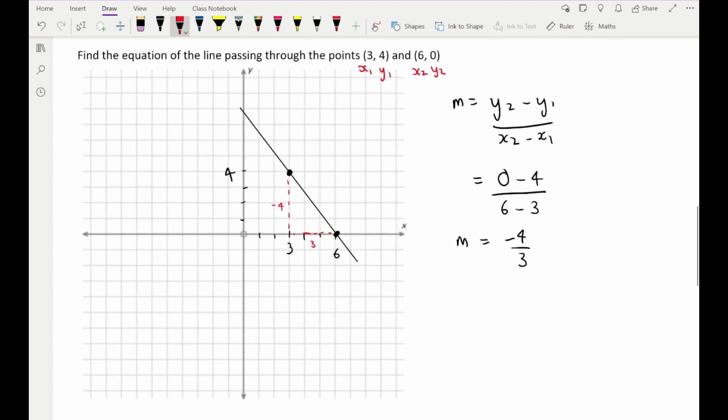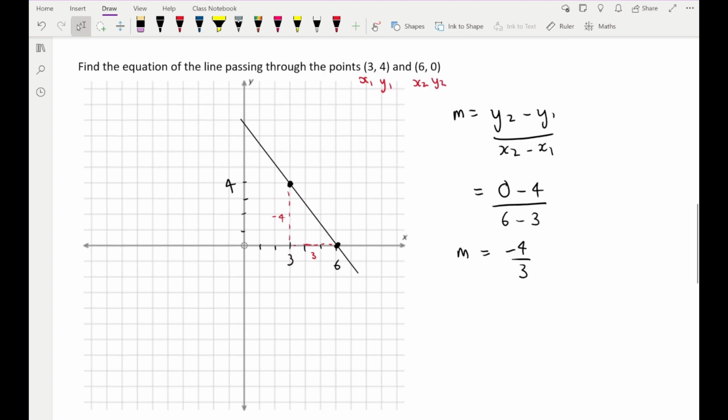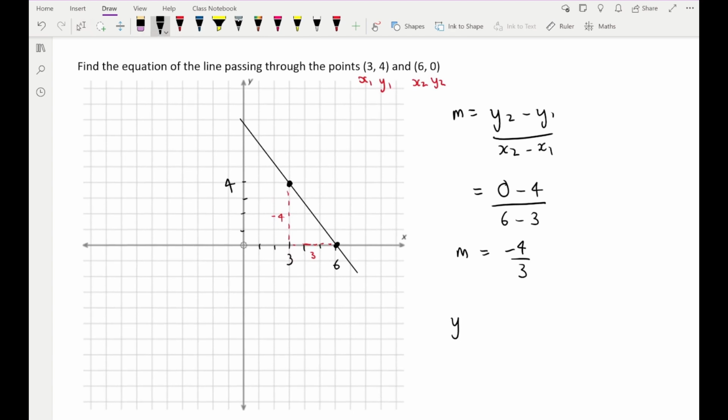So now we actually have to go through the whole process that we did before, now that we know what the slope is. So our graph was supposed to be y = mx + c. And we already know what our slope is, y = -4/3 x + c. Now all you need to do is substitute in any point.